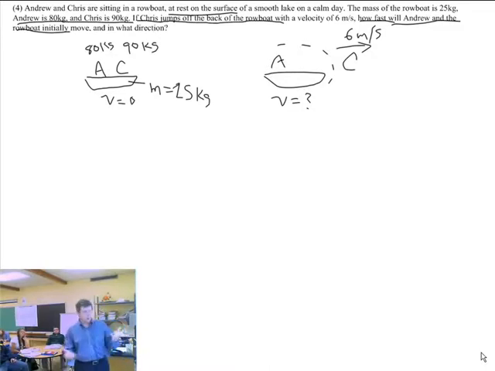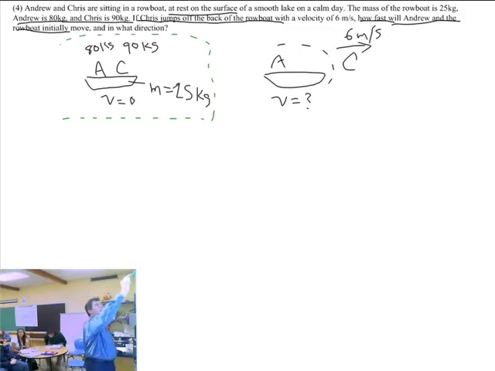So with my experienced eye, I can kind of see that Andrew, Chris, and boat might be a good choice for the system. Because at this moment, I know all of their masses and all of their velocities. So I just know that the total momentum in these 3 objects is 0.